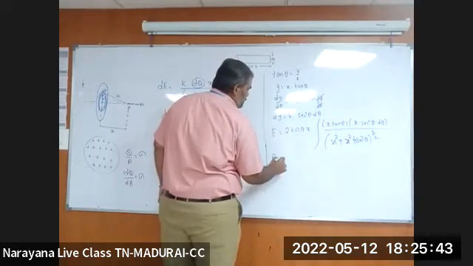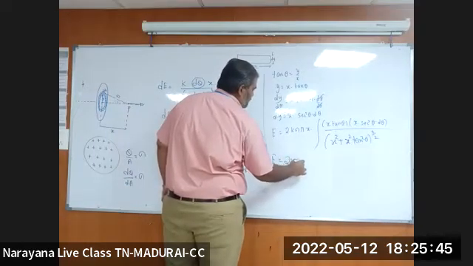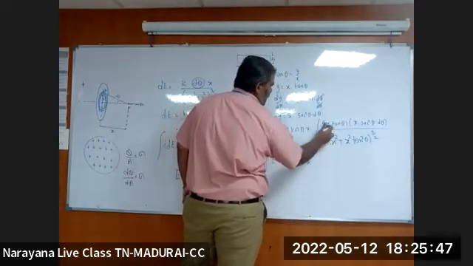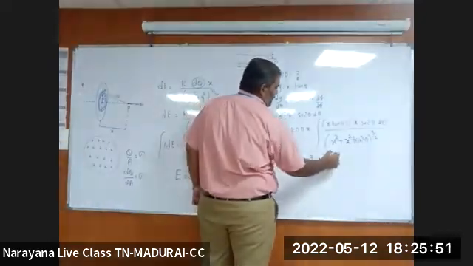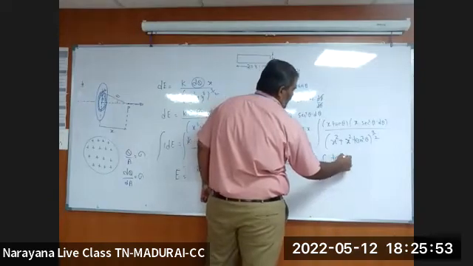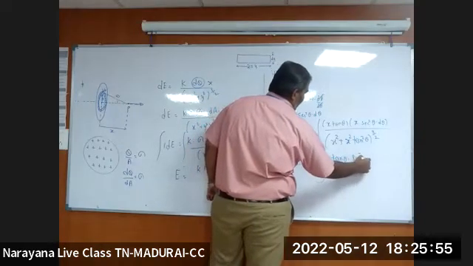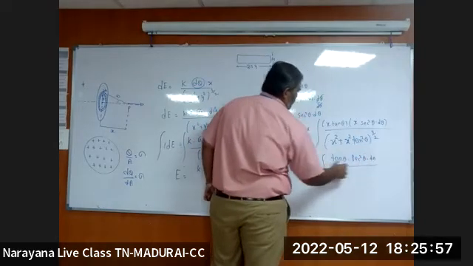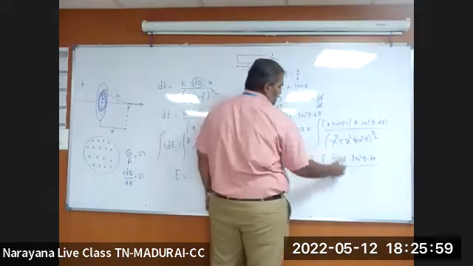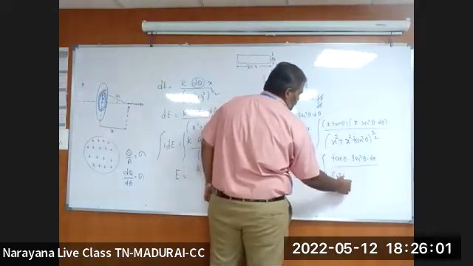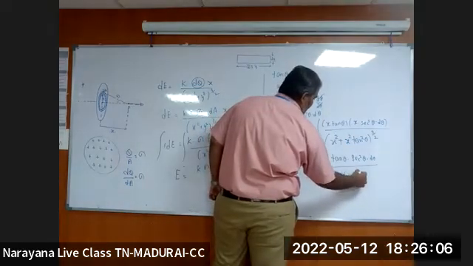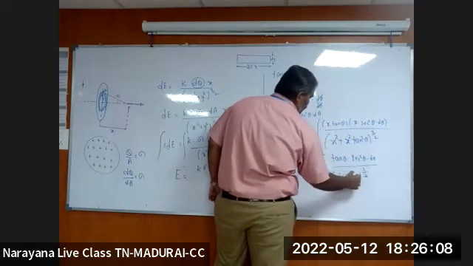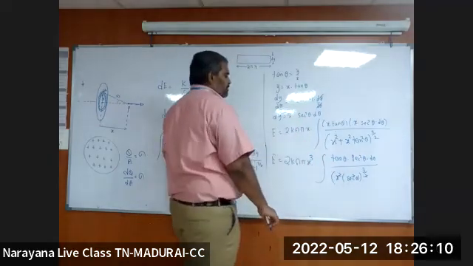Equal to how much? 2 into k into sigma into pi into x. x into x how much? x square. So x cube I will write, integration of tan theta into secant square theta into d theta, whole divided by x square I will take common, 1 plus tan square theta. 1 plus tan square theta is nothing but secant square theta, and whole power 3 by 2. x square cancels out.